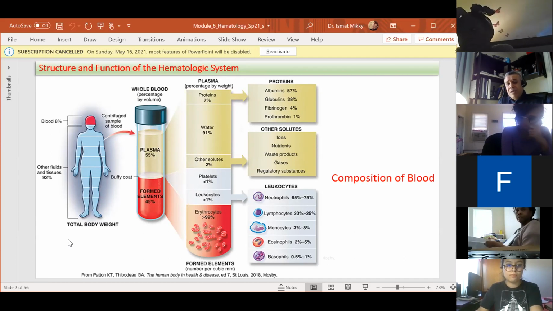And when we say protein, we say albumin, globulins, fibrinogen, prothrombin, and these are responsible for what is called the oncotic pressure. If you recall this from the fluid electrolyte chapter, we talk about the oncotic pressure, colloidal pressure.